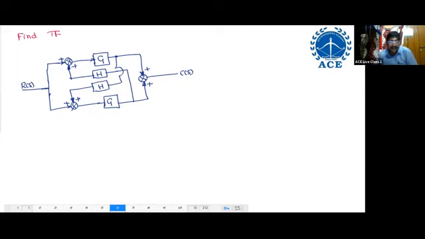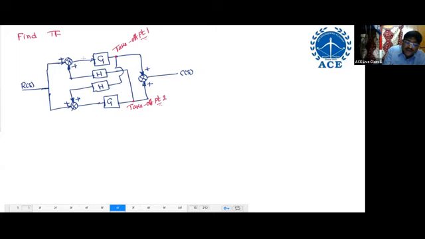So what happened here? In this block diagram, this is take off point 1, this is take off point 2. If you write the output at take off point 1, and even the output at take off point 2, the output at take off point 1 equals the output at take off point 2.